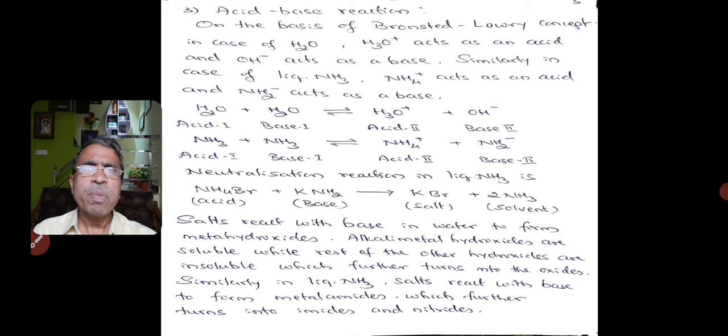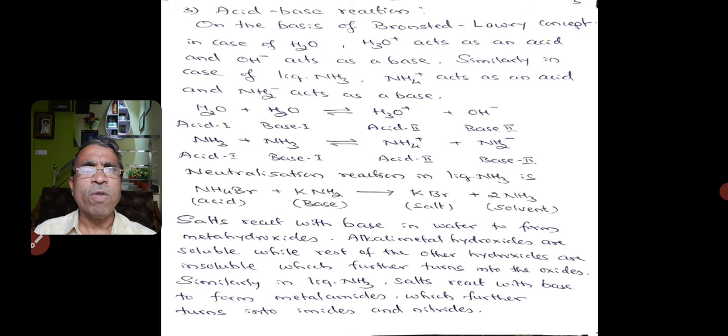Coming to the third property, that is acid-base reactions. On the basis of the Bronsted-Lowry concept, in the case of water, hydronium ion acts as an acid and hydroxide ion acts as a base.